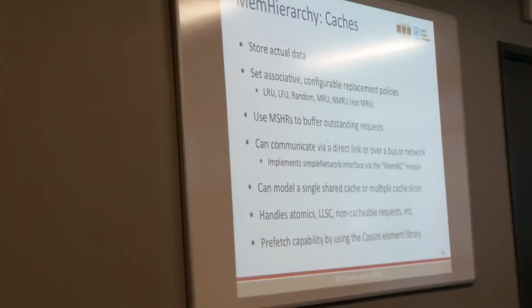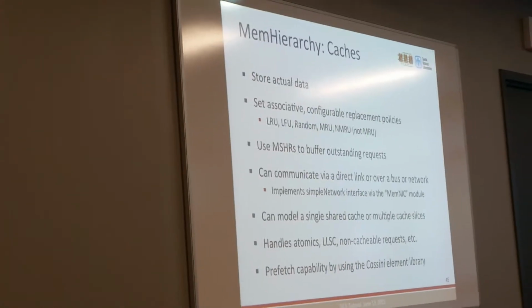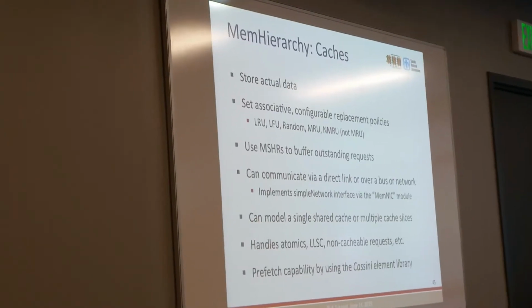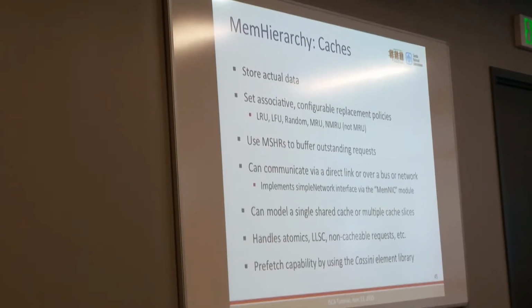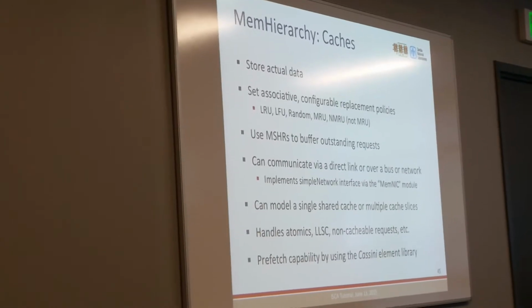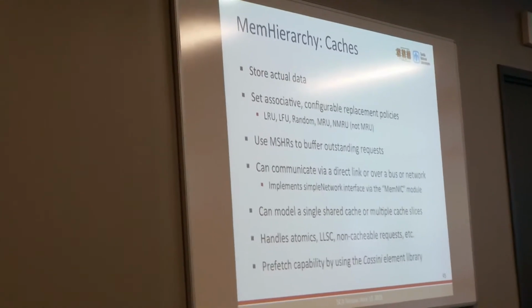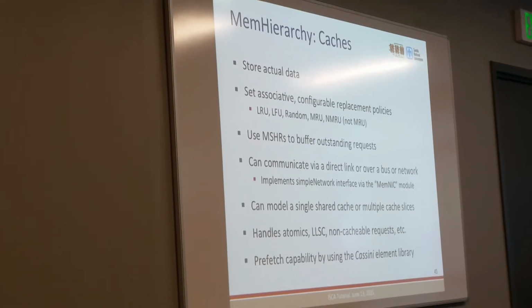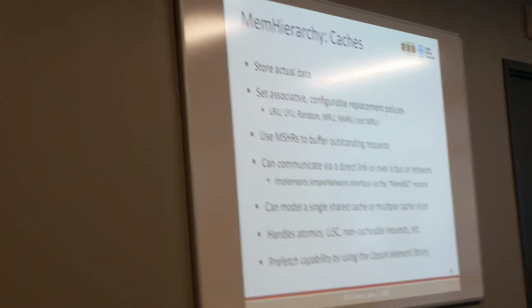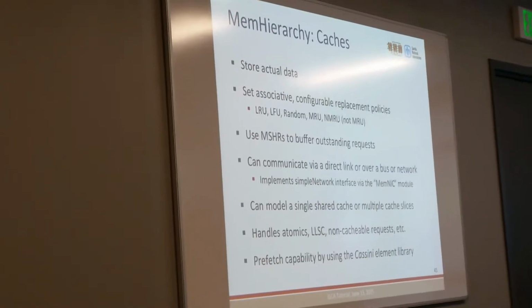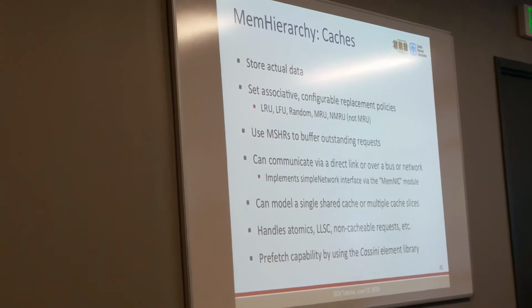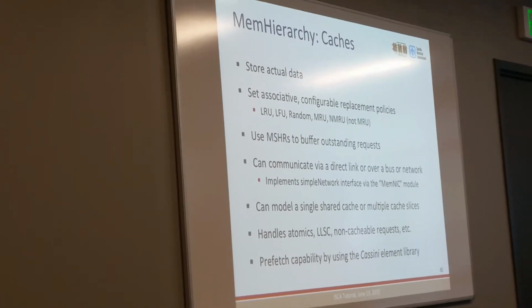It uses MSHRs to buffer outstanding requests. So those are limited, and it communicates either using a bus where it models bus contention, via a direct link, so your L1, say, directly connected to an L2, or through a network. So your one level of cache communicates through a network on chip to the next level.